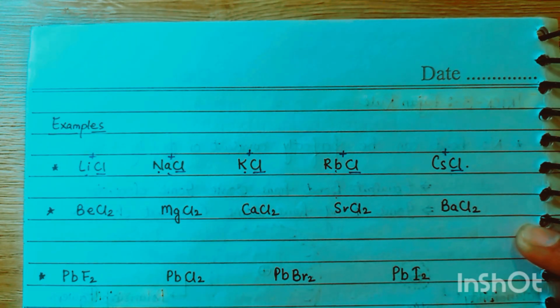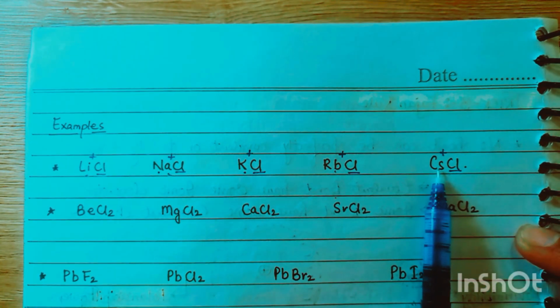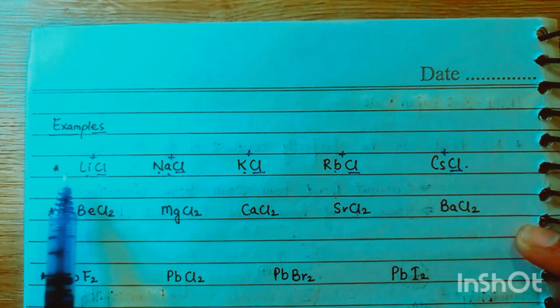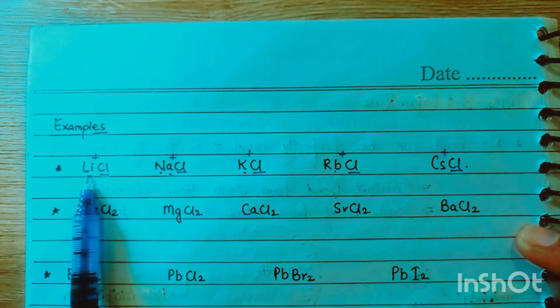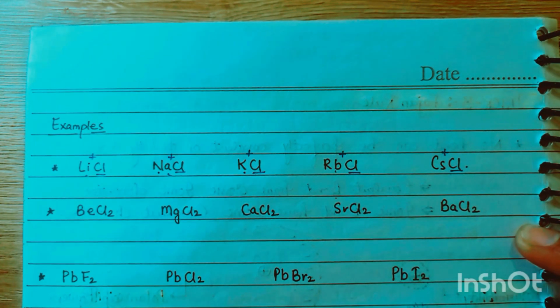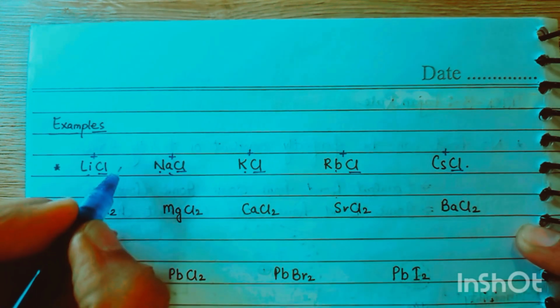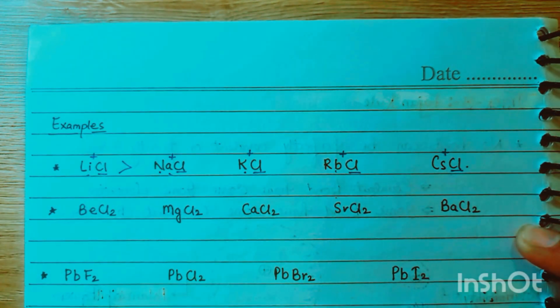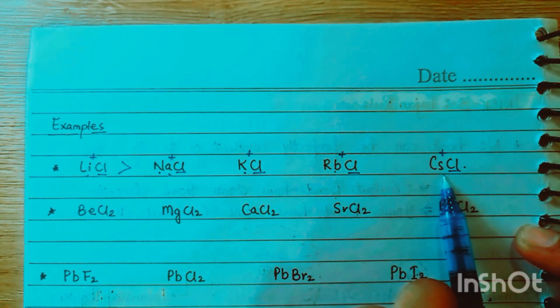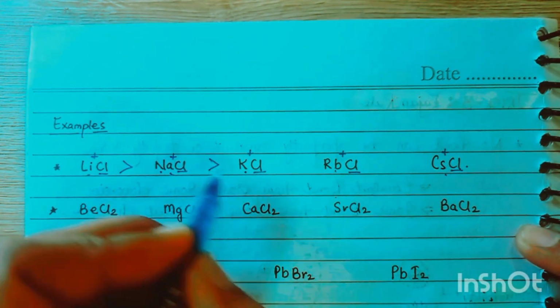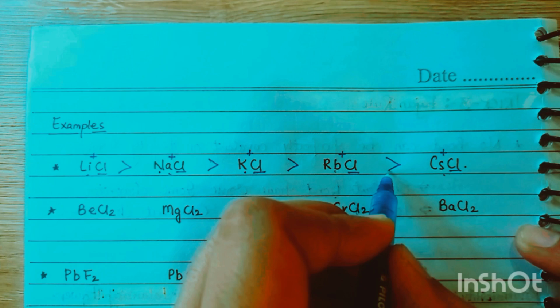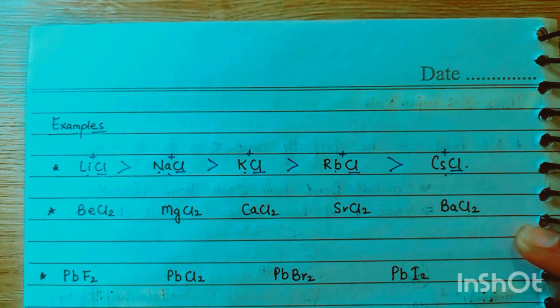Down the group size increases, so Cs is bigger in size while Li is smaller in size, and you know covalent character is inversely proportional to the size of the cation. So the most covalent will be LiCl while the least covalent will be CsCl. So the correct order of the covalent character in this ionic bond is this.